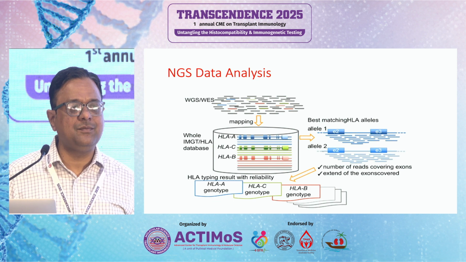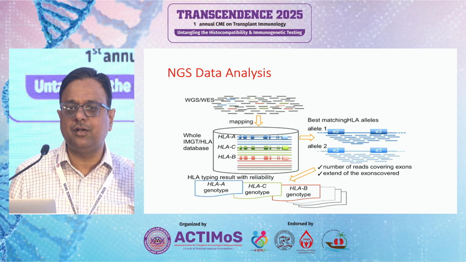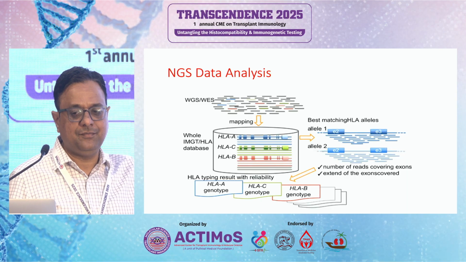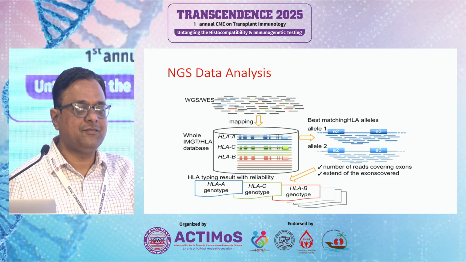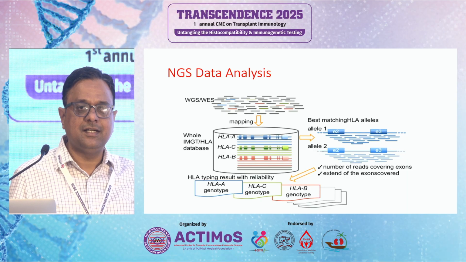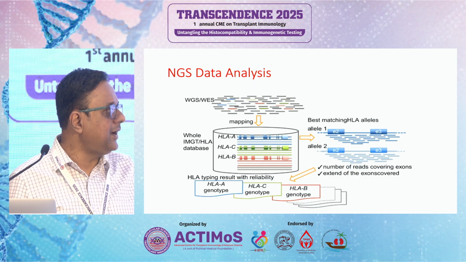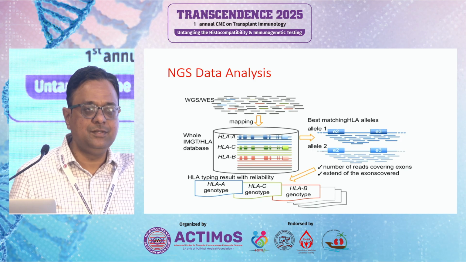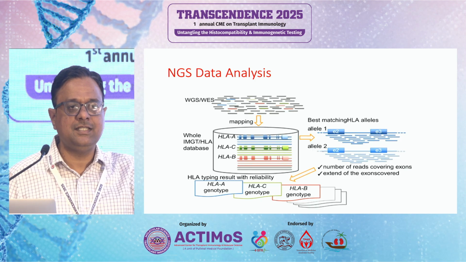In any sequencing, we have the sample from the donor and the patient, and we extract the DNA. We target only the particular HLA-related portion of the DNA and do the sequencing on the platform. This sequencing is nucleotide sequencing, A, T, C, G, and so on.